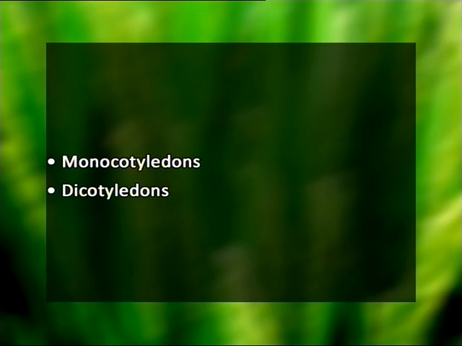Traditionally, the angiosperms were recognized under two main groups of monocotyledons and dicotyledons. However, such a separation nowadays is believed to be an arbitrary one, and it is no longer accepted as per the principle of monophyly.